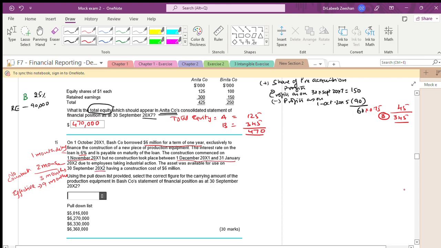Okay, fine. After the end of the year, how much is the cost of the 6 million? Using the pull down approach, select the correct figure of the carrying amount of the production equipment in the statement of financial position.